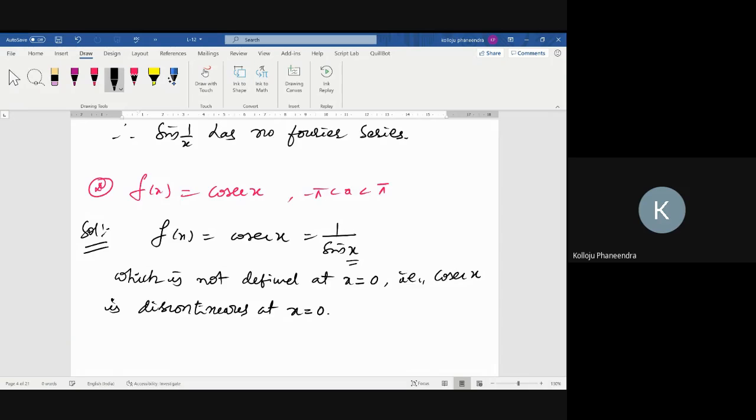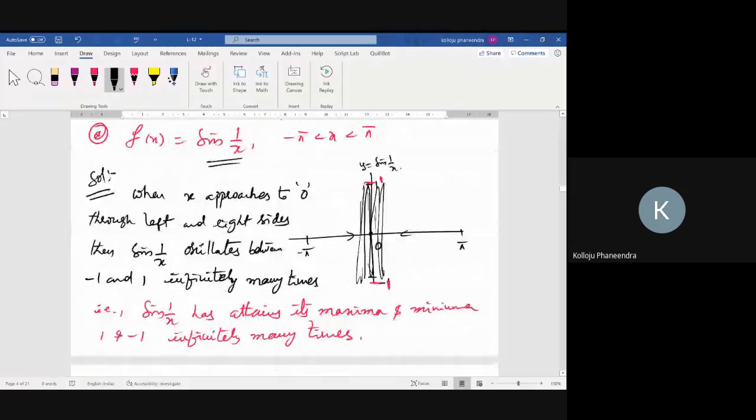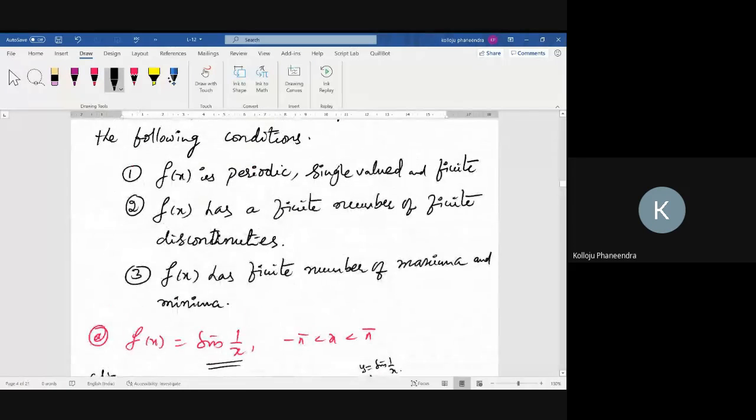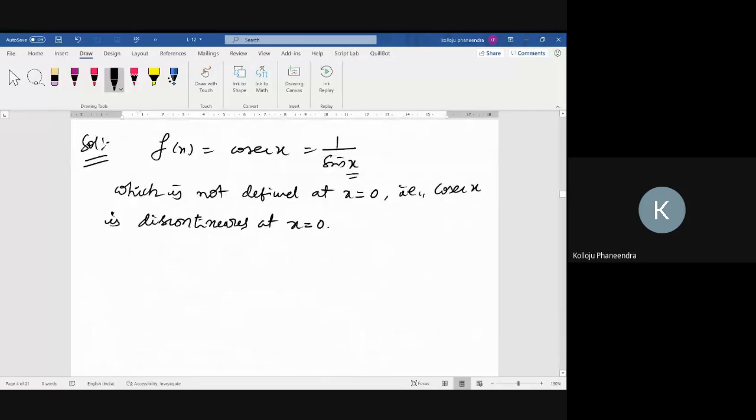Remember one point: when it has a discontinuity, what type of discontinuity does it possess? The condition is that there may be a discontinuity, but it must be a finite discontinuity, and such finite discontinuities must exist in finite number. Now, what type of discontinuity is this?